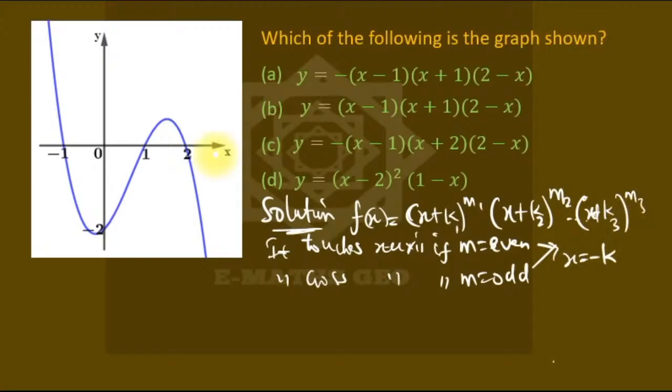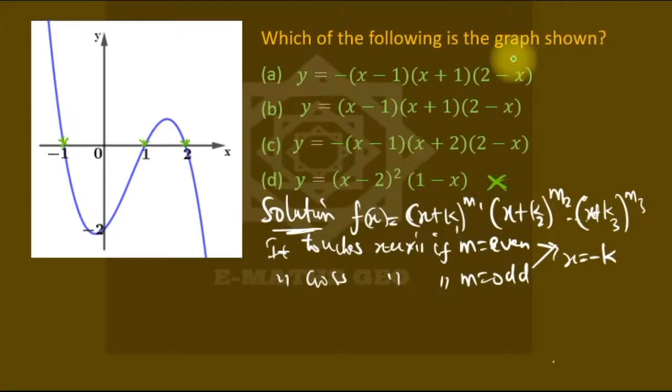So let's use that knowledge here. Looking at this, we see that at the x-axis they cross, so all their powers must be odd. So this one is off, because we have a power of 2, which is even. Any other one?